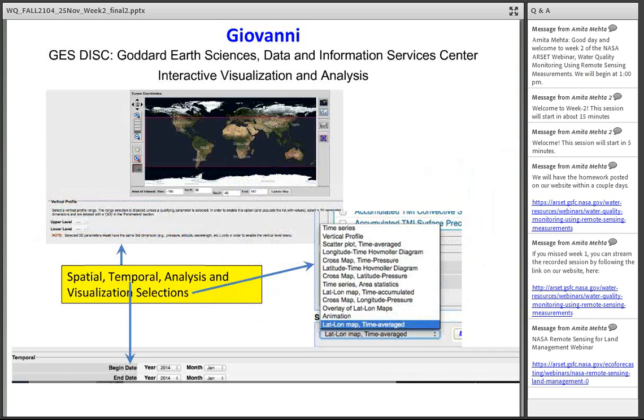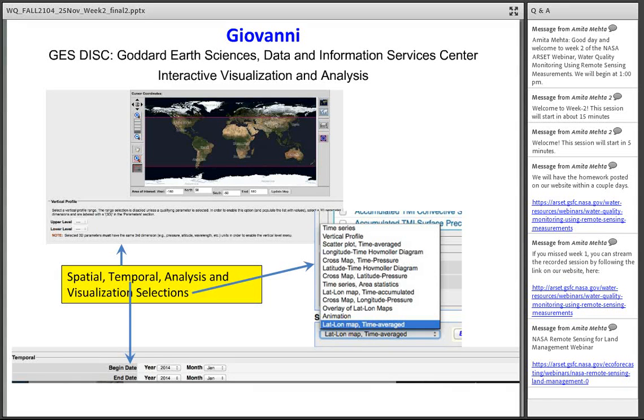So there is spatial selection through a map or through coordinates, and there is temporal selection from here. A number of analysis options are available. It can be mapped, any region can be mapped, or time evolution can be seen, depending on how many months one specifies here.